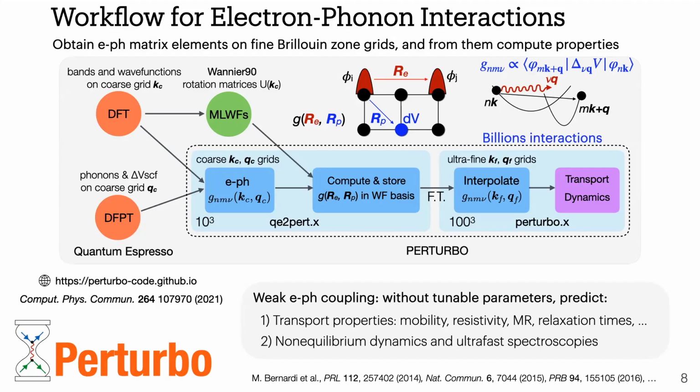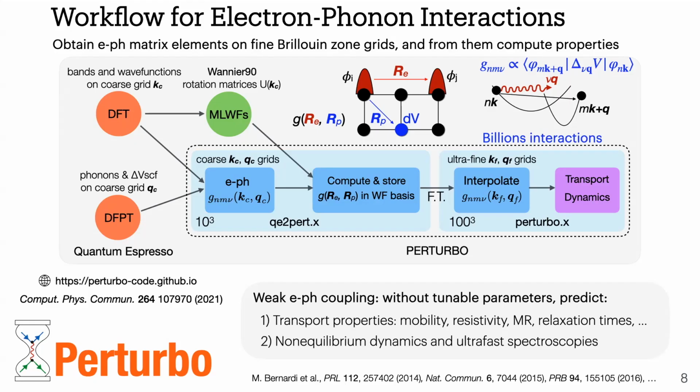This can be done in principle for arbitrary phonon wave vector, but it's typically done on a regular grid. This part of the workflow is done with Quantum ESPRESSO. Then there's an interface, which will be described in the code, called qe2pert, where these quantities are read into the Perturbo code, and then we form the electron-phonon matrix elements.